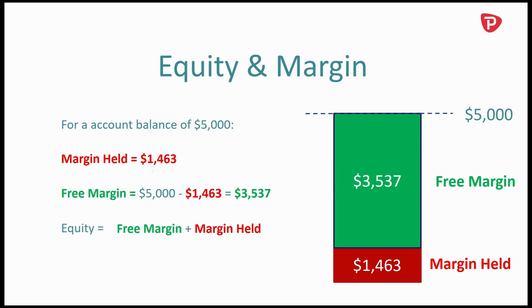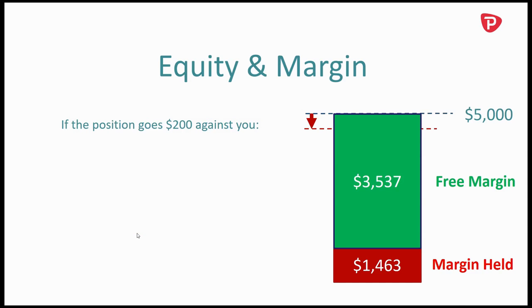It's important to note that at any point, if we want to work out our current equity in our account, we can take our free margin plus our margin held, and that will give us the amount that we would have if we closed our trading position at any point in time. So let's take a look now at what happens if our trading account goes $200 against us.